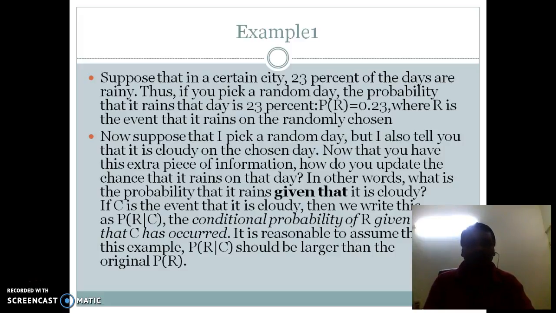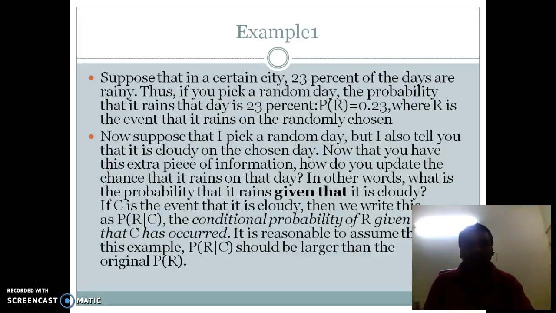Now, suppose that I pick a random day, but I also tell you that it is cloudy on the chosen day. Now that you have this extra piece of information, how do you update the chance that it rains on that day? In other words, what is the probability that it rains given that it is cloudy?